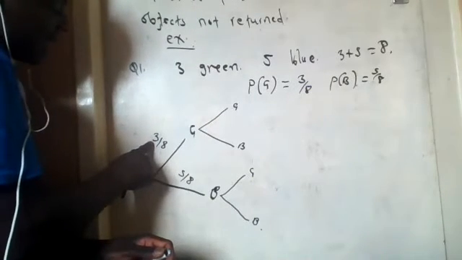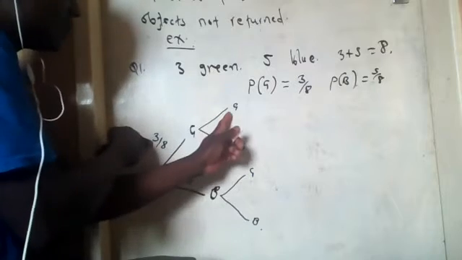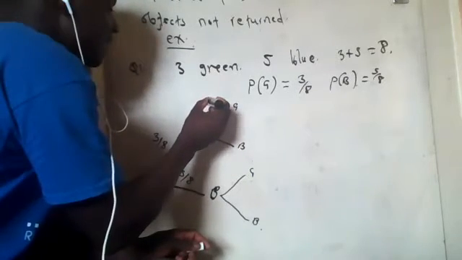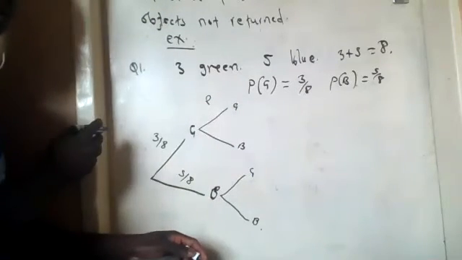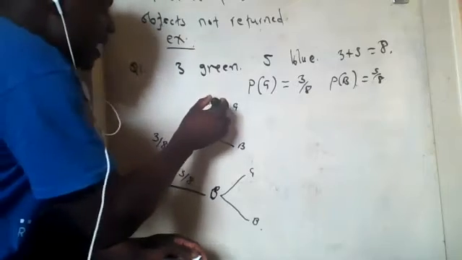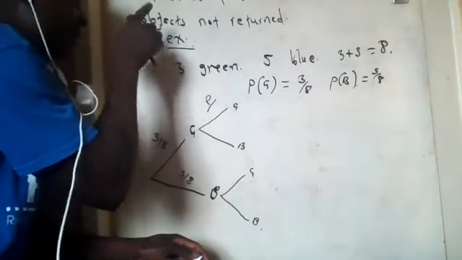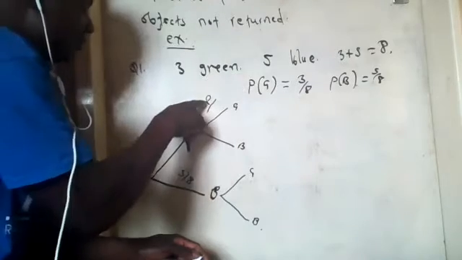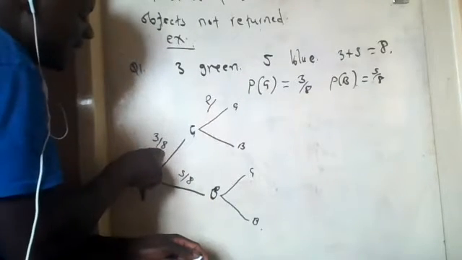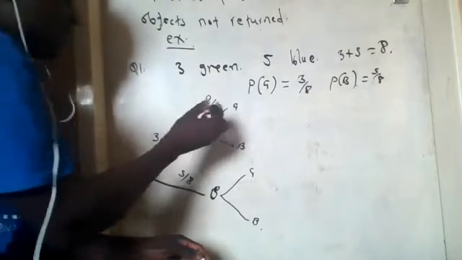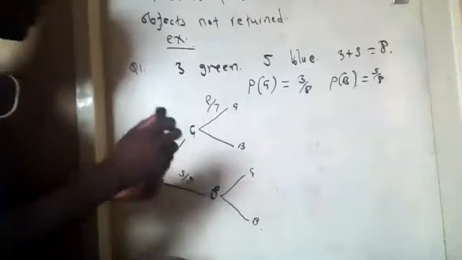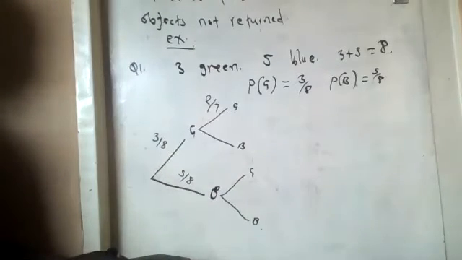There are 3. So if a green is picked, the greens remain 2. Out of what? If they pick one green, this is dependent on the other. If you pick one green, then the total will no longer be 8, but will be 7. Why? Because one was picked.